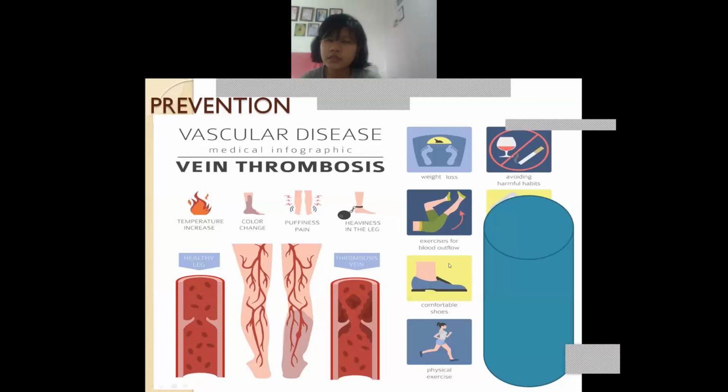Because exercise makes blood circulation rich. That's why. Understand? Next is comfortable shoes. The person should wear comfortable shoes also, so that blood circulation will be rich. That's why.